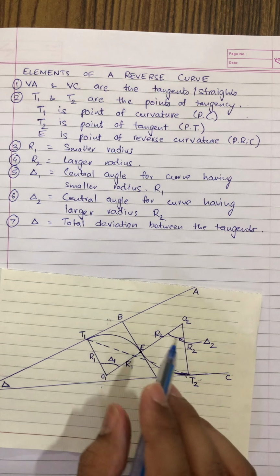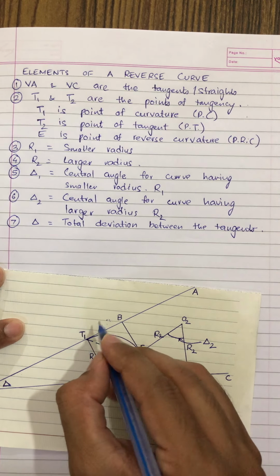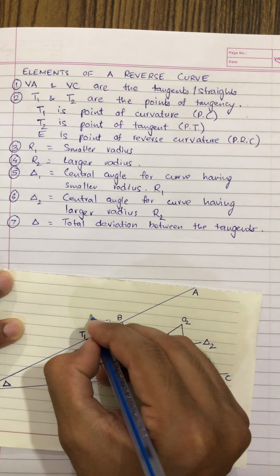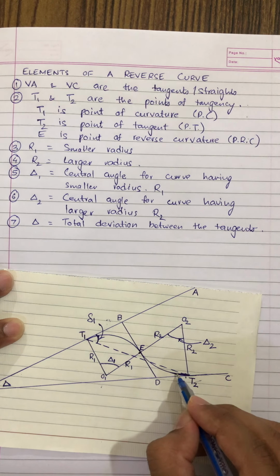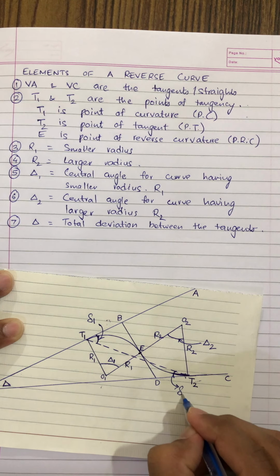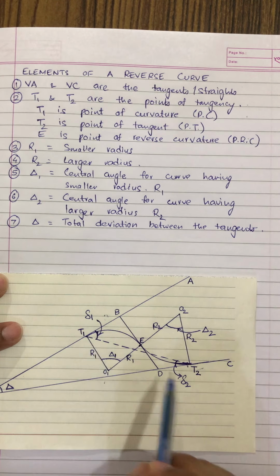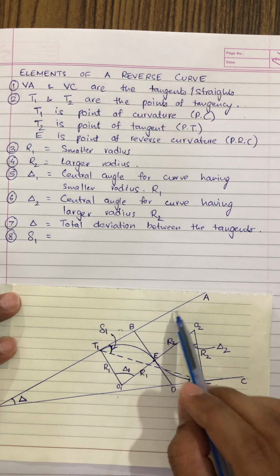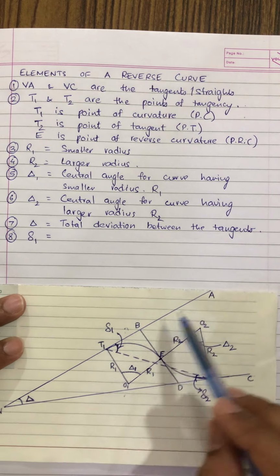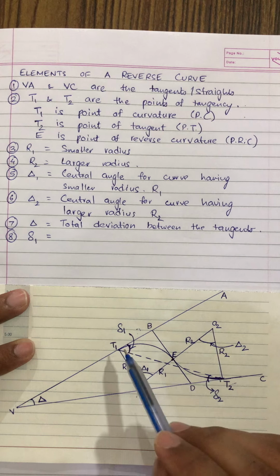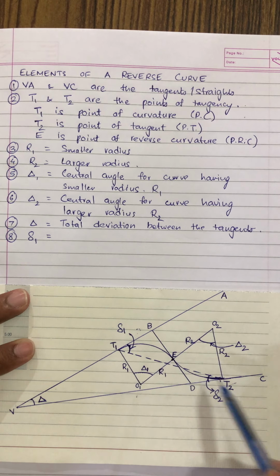If they are joined, suppose this angle, let us call this angle del 1 and this angle, let this be del 2. This is del 1 and this is del 2. So here, what is del 1 actually? Del 1 is actually the angle between this tangent VA and the line T1, T2, joining the tangent points.